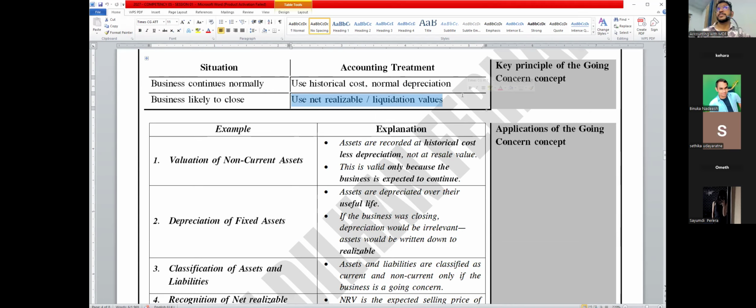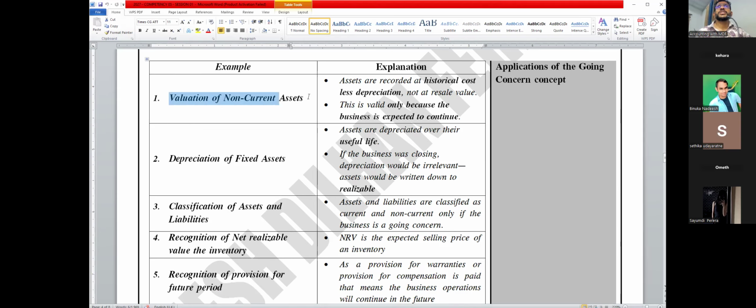I repeat, if the business is not a going concern, you can't disclose anything at its cost. You have to recognize the realizable value, the liquidation value. These are the two key principles. Let's move to the applications.